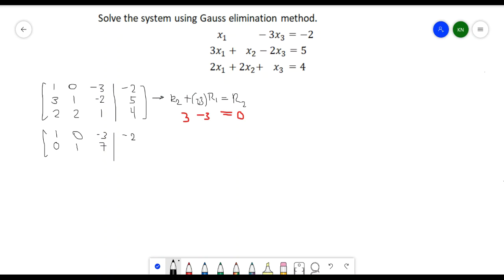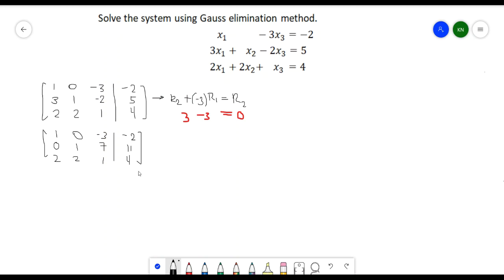Negative 3 multiplied by negative 2 is positive 6, plus 5, that is equivalent to 11. We copy the third row since there is no process for it. As you can see, we have already changed our 3 to 0.